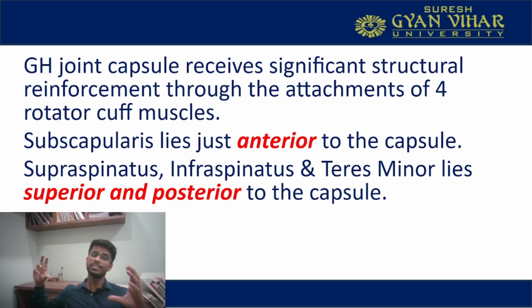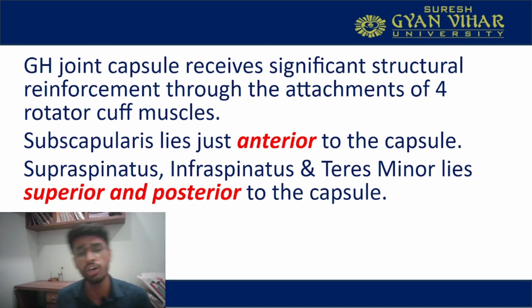Supraspinatus comes from the supraspinatus fossa, then attaches to this capsule and then inserts at the greater tubercle. So all these rotator cuff muscles, your SITS, supraspinatus, infraspinatus, teres minor and subscapularis, from their origin come and attach to the capsule in order to provide additional stability.